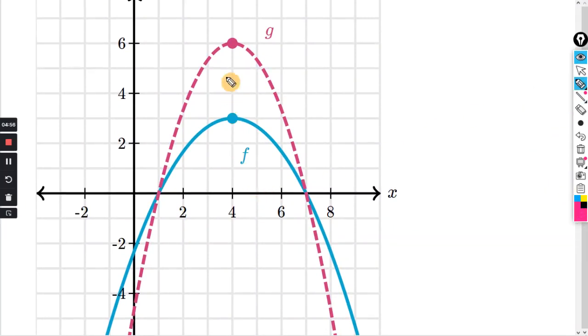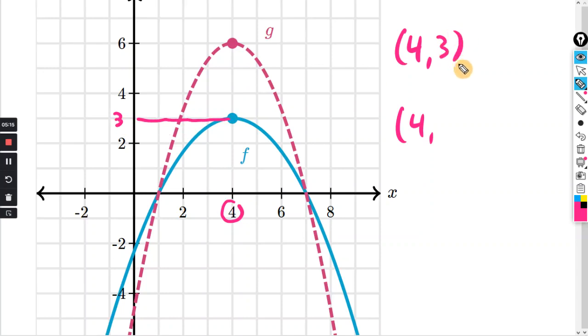These points are both at x equals 4, so I'm just going to write this out. The original one, the y value, if we trace it across, is at 3. And the new one, if we trace it across, is at 6.